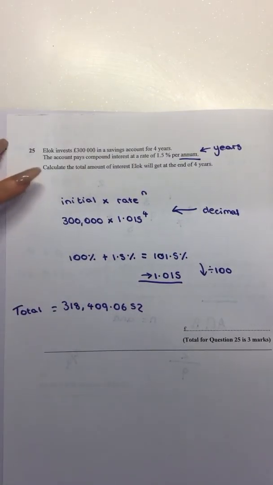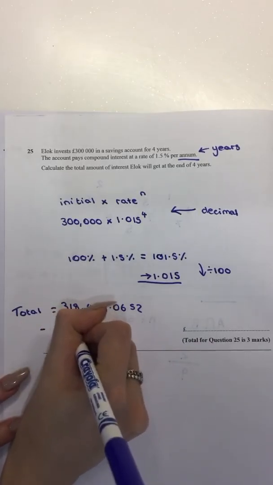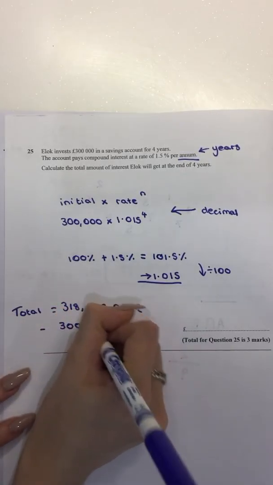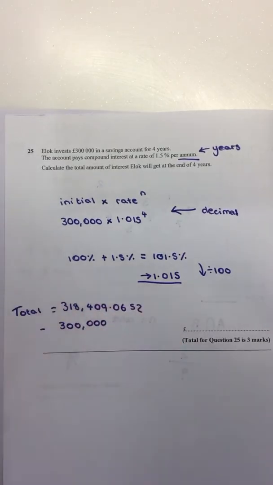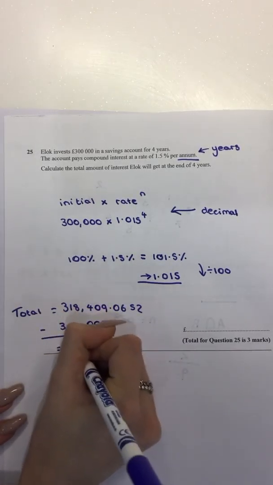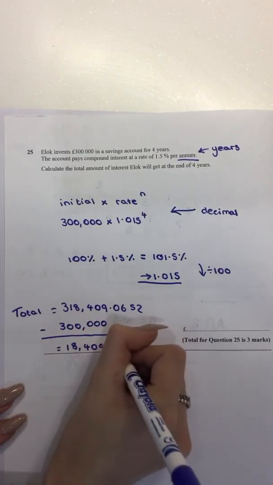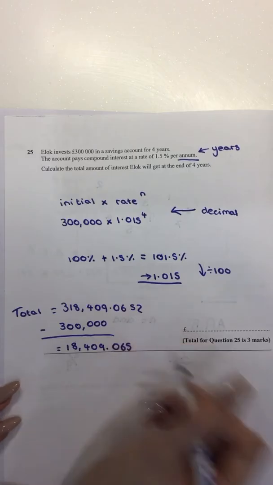Now the tricky part of this question was that is the total amount he has at the end. But they don't want that in the question. They want the total amount of interest. So what we then have to do is minus what was already in there, which was 300,000. So we put that onto the calculator, which gives us an answer of 18,409.065.